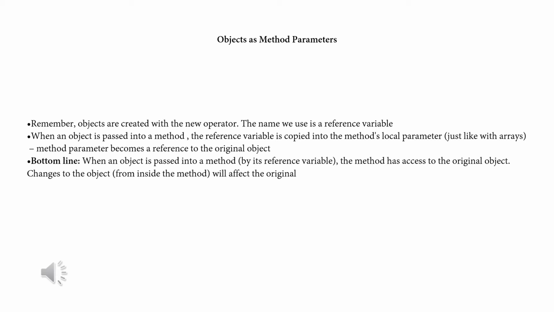So now if you make any change to the variables or any part of that object, those changes will be applied to the original object, right? Because what you have passed is the actual reference to that object. So you should keep it in mind when you are going to pass objects as input parameters to methods.